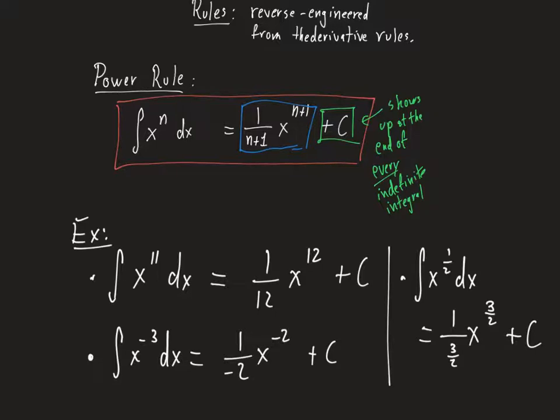Okay, so that's what I've got basically for the power rule. But at this point it is a good time to mention that there is one exception to this power rule. And this is going to look familiar to you guys, because this is going to bring us to our second rule.